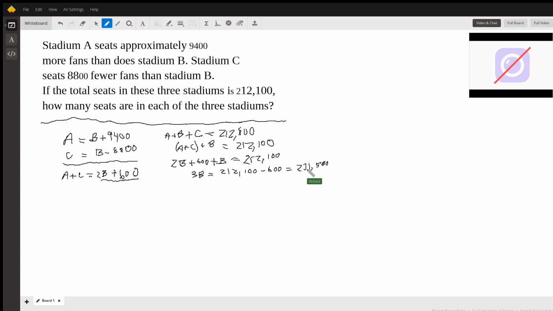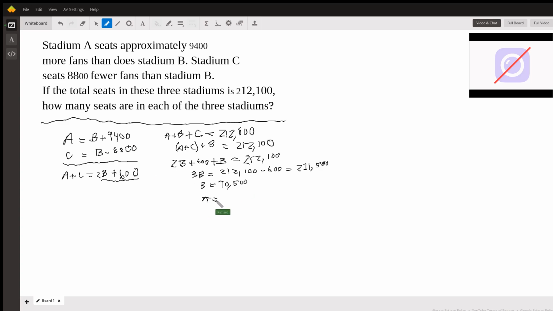Looks like a 7, that's supposed to be a 1. Now we just divide both sides by 3, and we get B is going to be 70,500.